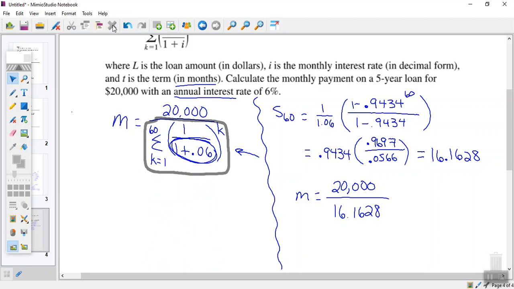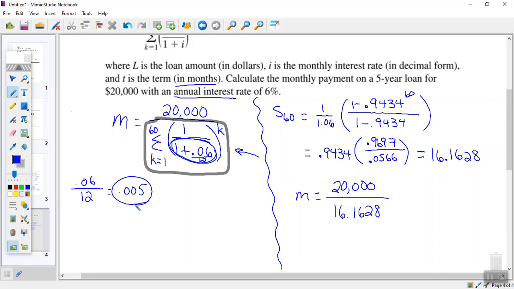So this should really be 1 plus 0.06 all over what, kids? Okay, what'd you say 0.06 over 12 was? 0.005. Very good catch.